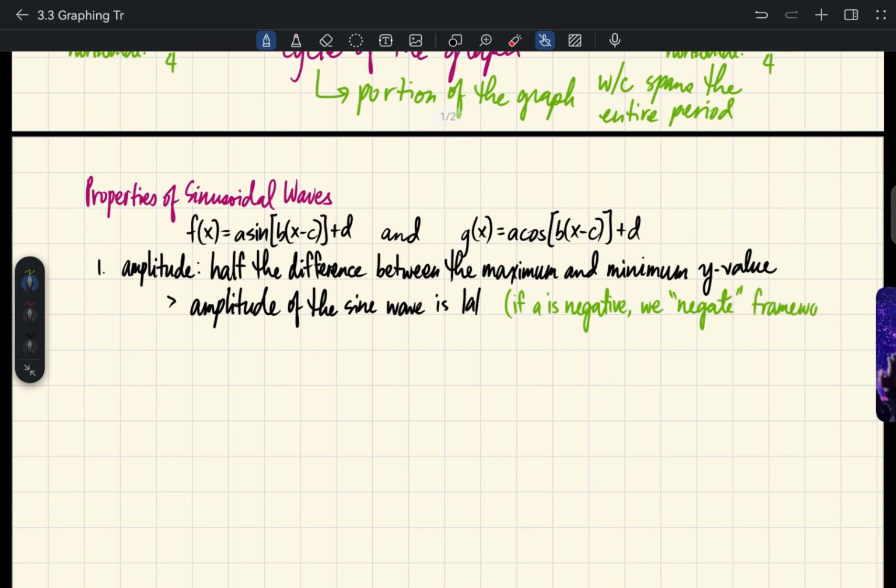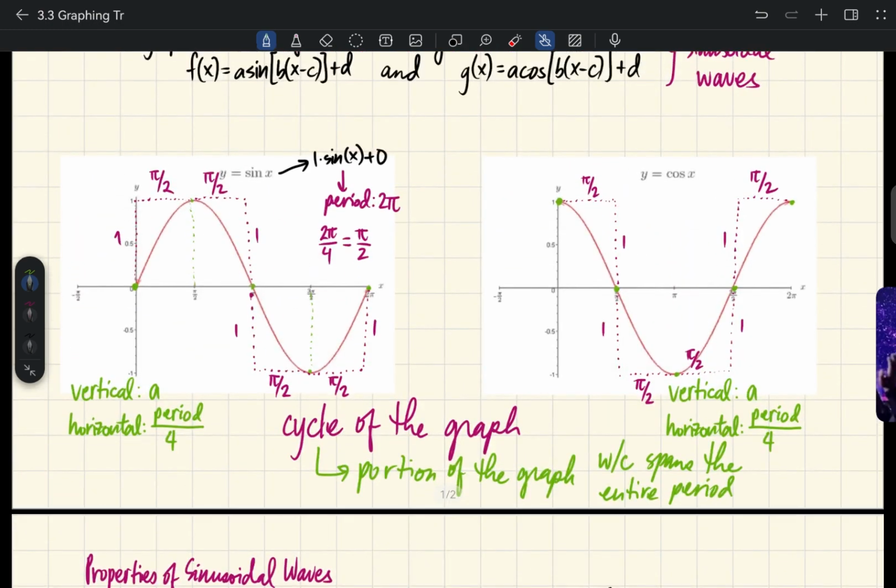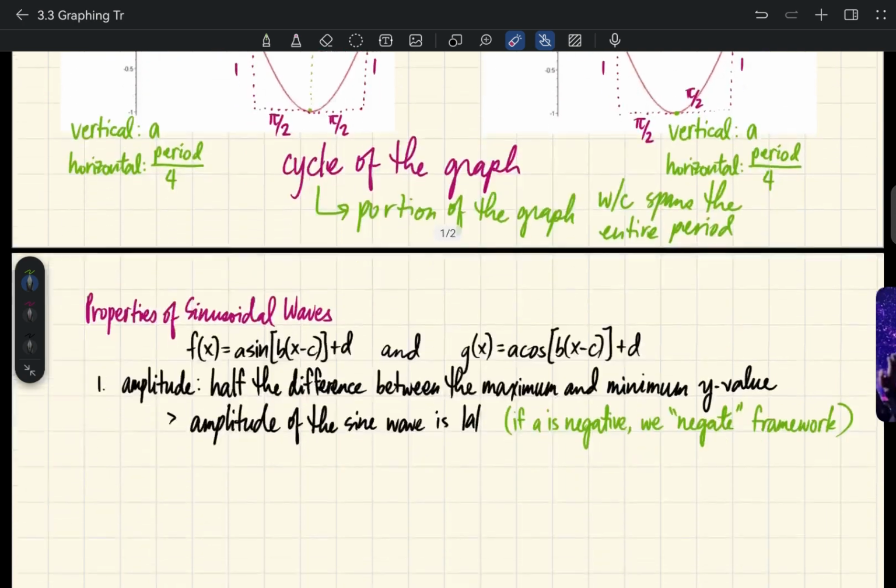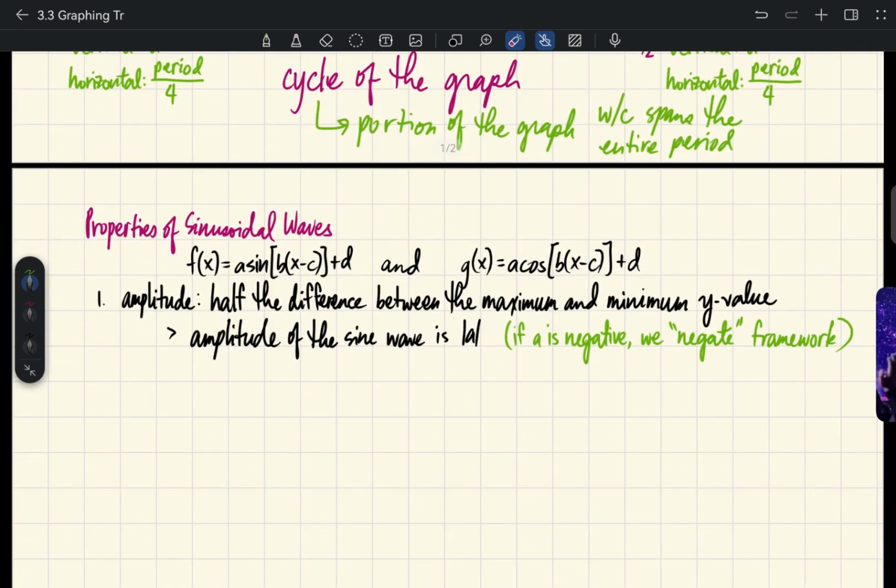What do I mean by negating the framework? Basically, instead of going up, we go down. So we go down 1 unit, move to the right, go up, move to the right, go down. We just negated our framework vertically. So if A is negative, we have to negate our framework.